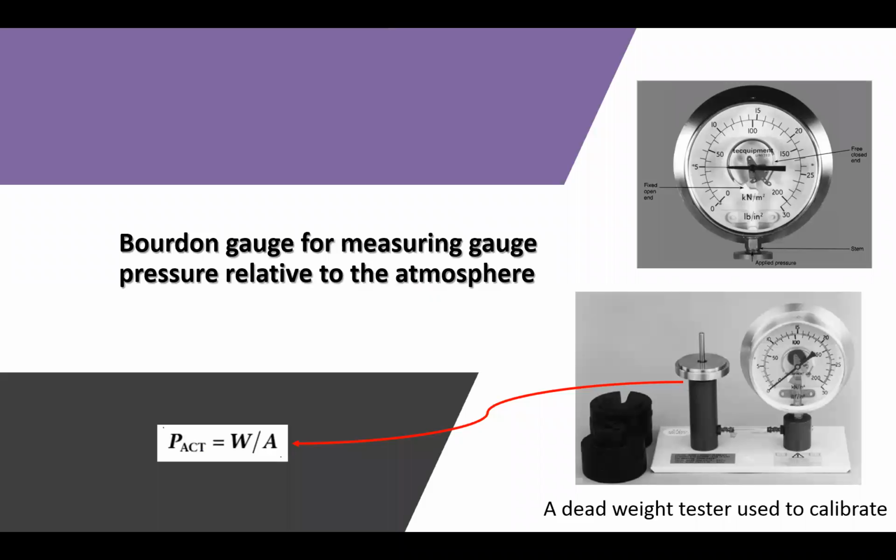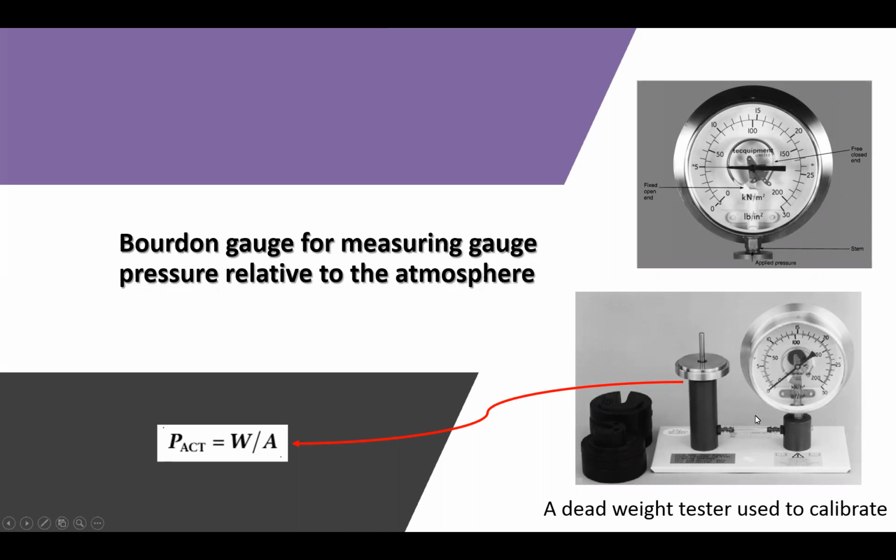In practice, we have different tools to measure the pressure. The Bourdon gauge is one of these tools to measure the pressure relative to the atmosphere. It shows you the pressure in metric units, kilonewtons per square meter, or pounds per square inch, depending on the outer or inner scale measured. You can use either English or SI units.